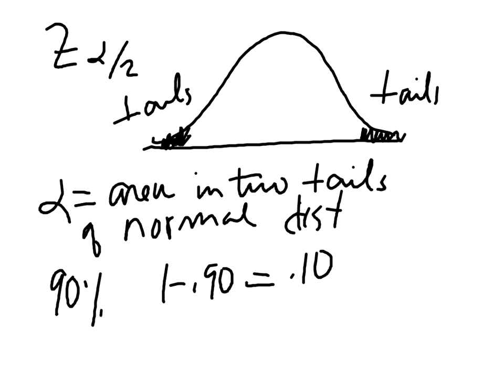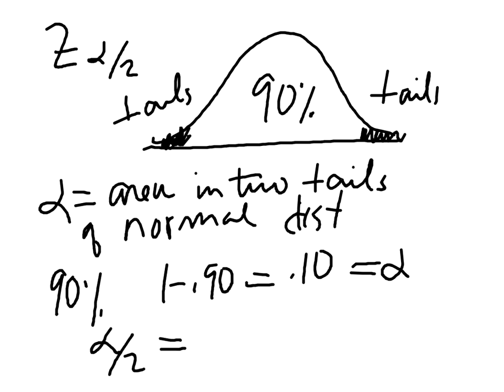In other words, 90% of the graph would be in the middle or the hump of the bell, and the other 10% would be in the tails. So if we have 90% in the hump, that leaves 10% to be divided between the two tails. So the 10% is called the alpha, the Greek letter alpha, and then alpha over 2 would equal 0.10 divided by 2, or 0.05.